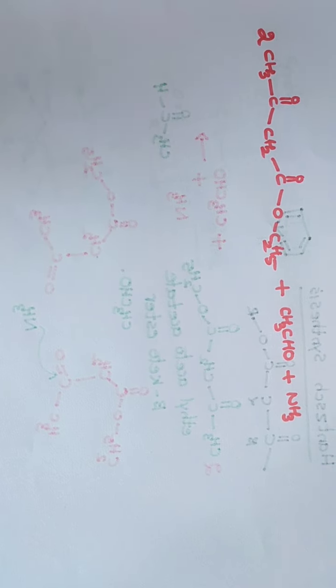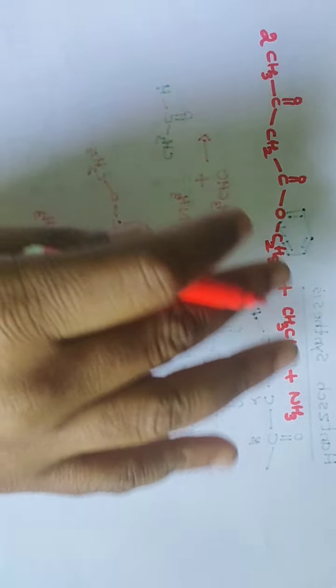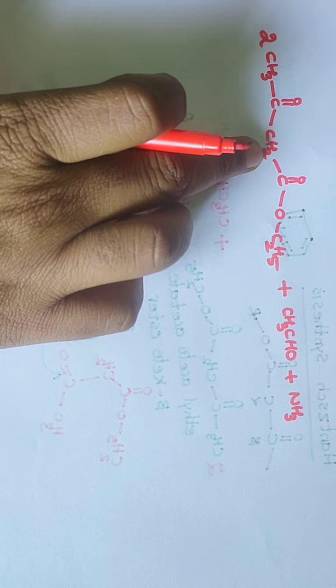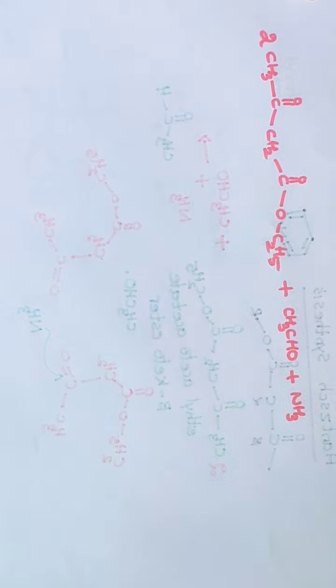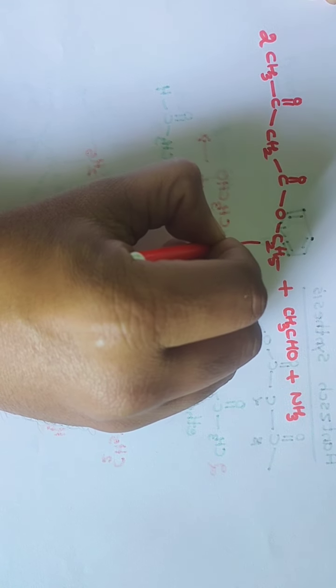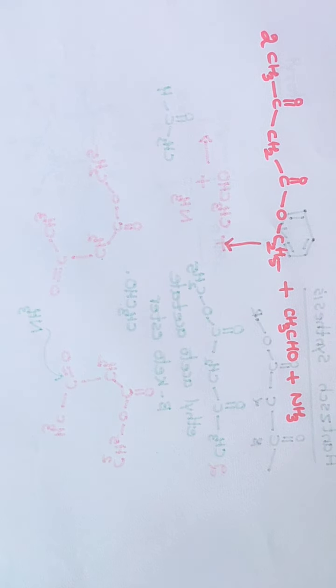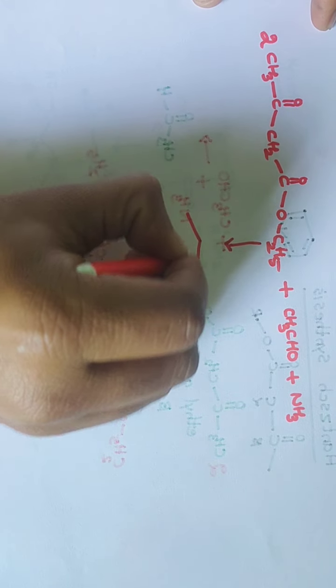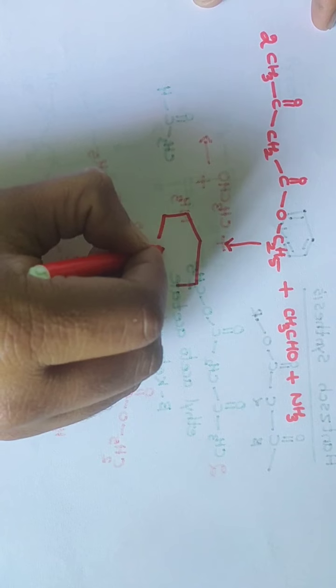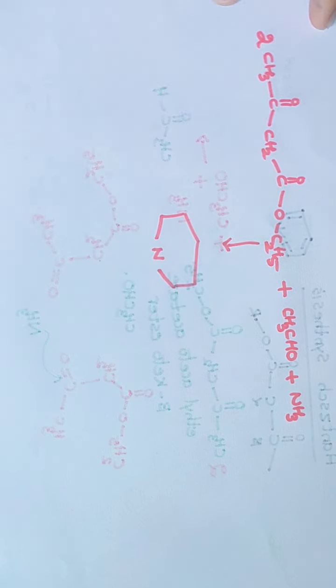They undergo condensation. This is the only thing that you should remember. Two ethyl acetate molecules, one acetaldehyde, and one ammonia molecule undergo condensation to form a 6-membered dihydropyridine derivative, right? This is how you should remember.